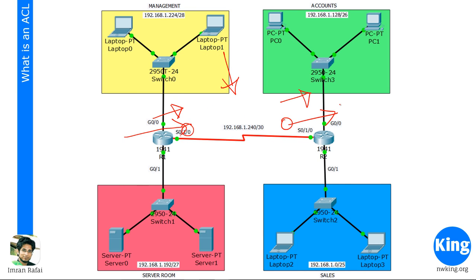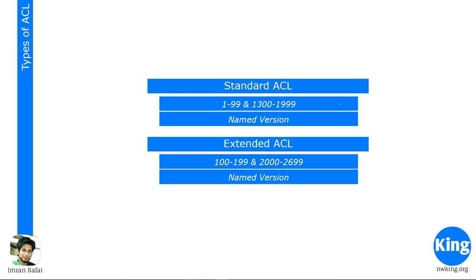Like I said, ACL is a list which is used to filter traffic. So let's look at what ACLs are. There are two types of ACLs. One is standard ACL. Standard ACLs have identification numbers of 1 to 99, or 1300 to 1999, right? These numbers are just names or identifying numbers.